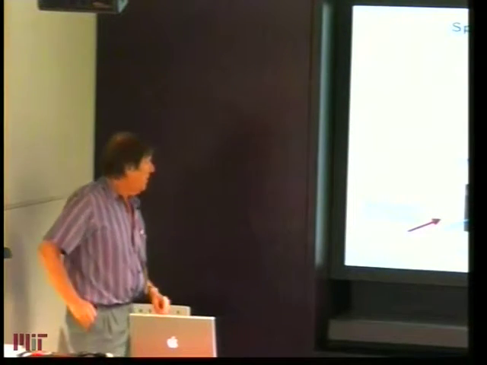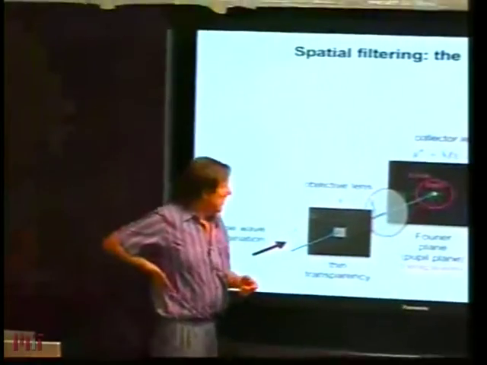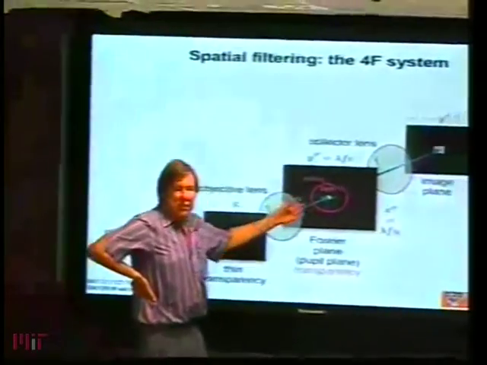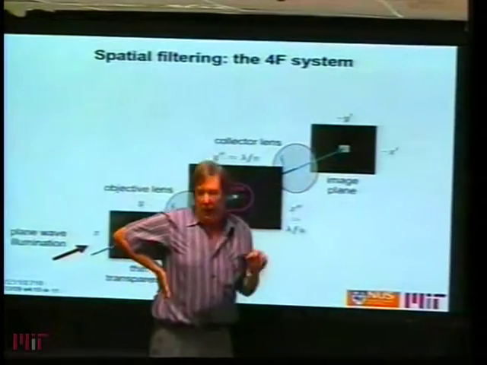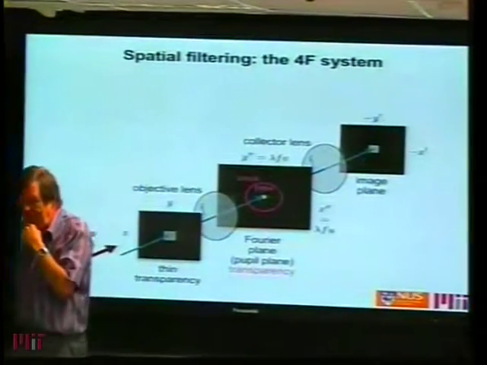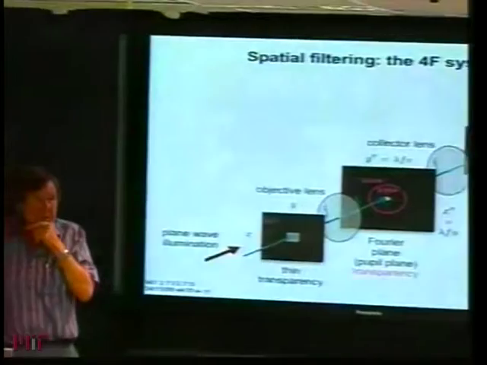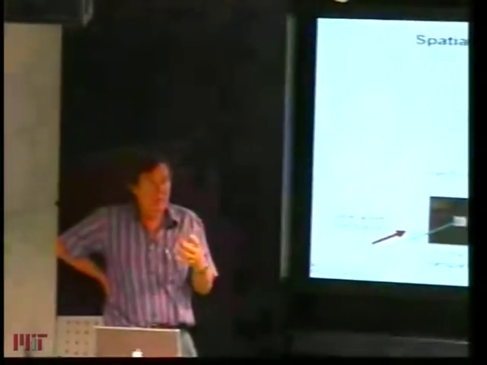Now, the next thing to note is that so far we've assumed that all this light gets through this optical system and gets here. If that was the case, you get a perfect image. If all the information from the object was getting to the image, then you wouldn't lose anything. But in practice, that's never going to be true.